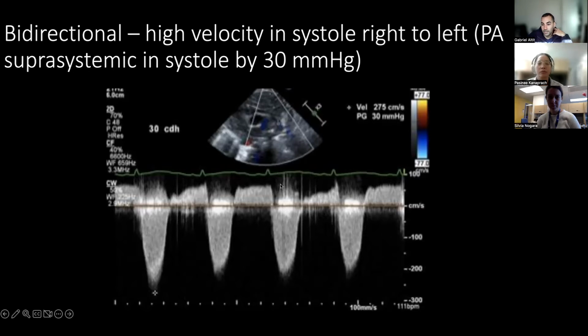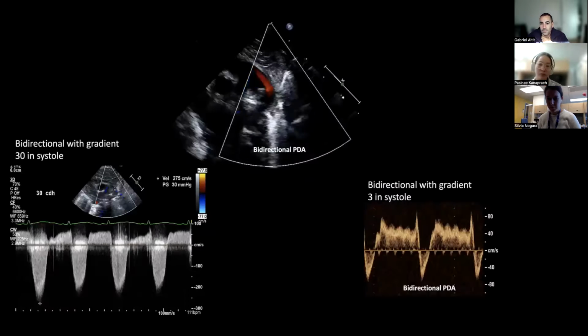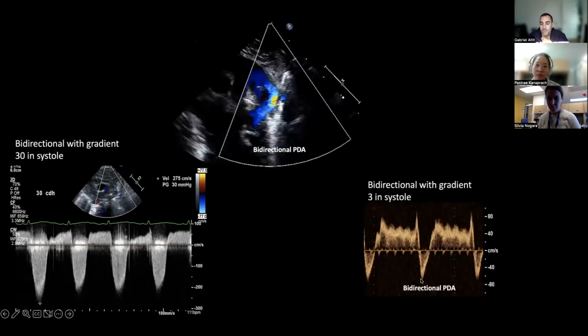So definitely in this particular baby, there was some degree of restrictiveness, and that was presumed to be secondary to underlying high afterload or possibly high pulmonary vascular resistances. So this is an example of a bidirectional PDA with a gradient of 3.